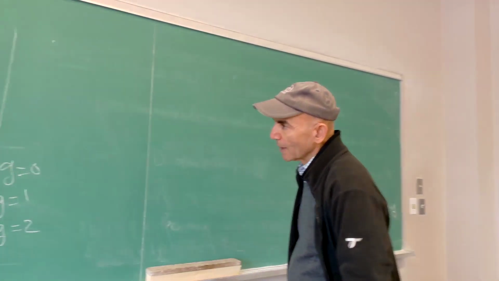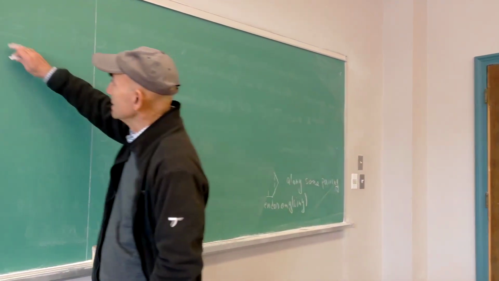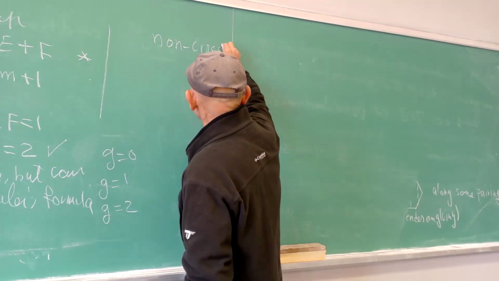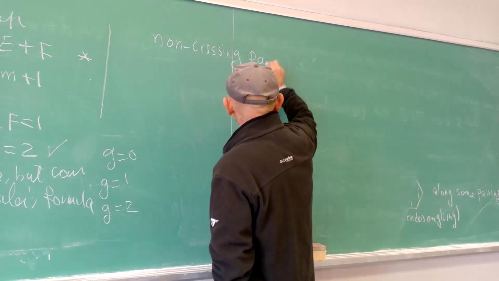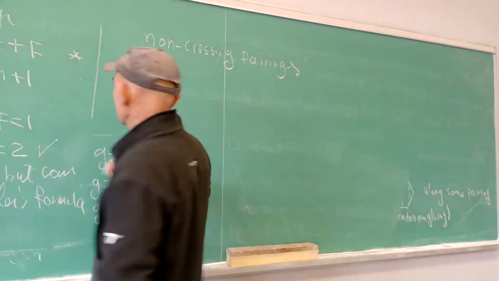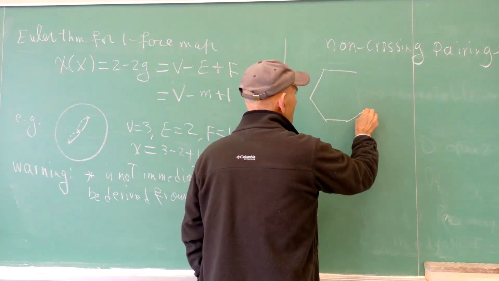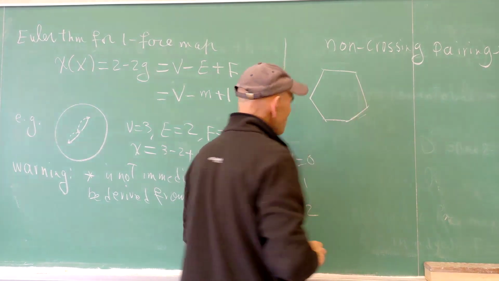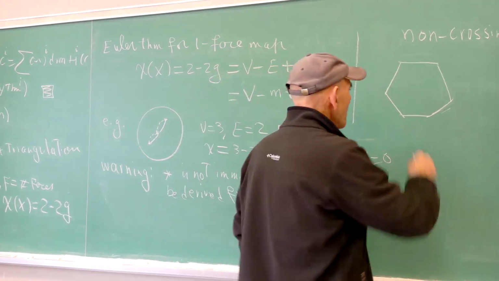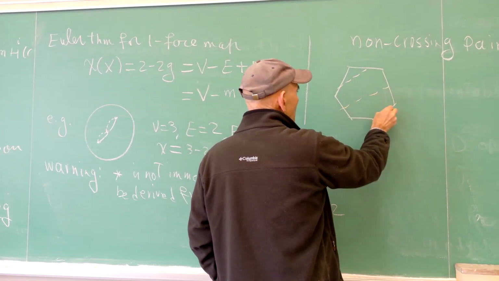Thank you. All right, so let's discuss a little bit non-crossing pairings. So in the hexagon, some pairings are like this.